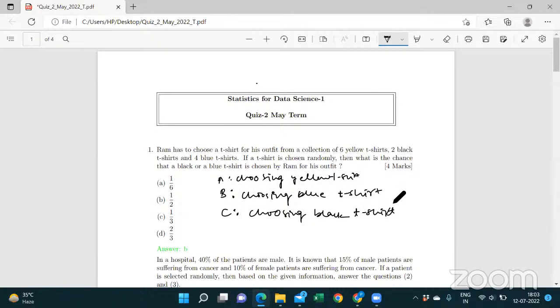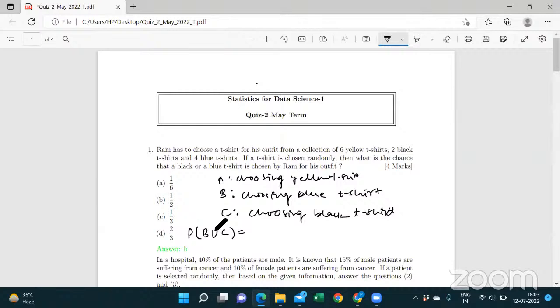Now see, what is the question? The question is, what is the probability that a black or a blue t-shirt is chosen by Ram for his outfit? That means I have to find the probability of B union C. Are B and C mutually exclusive or not?